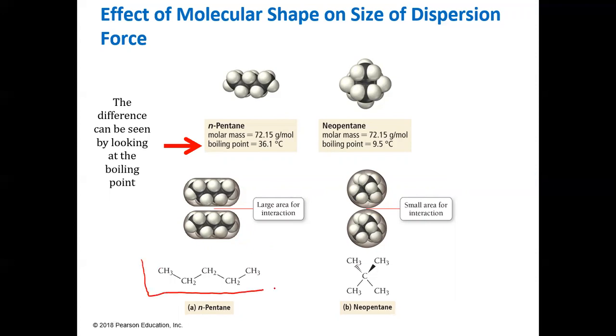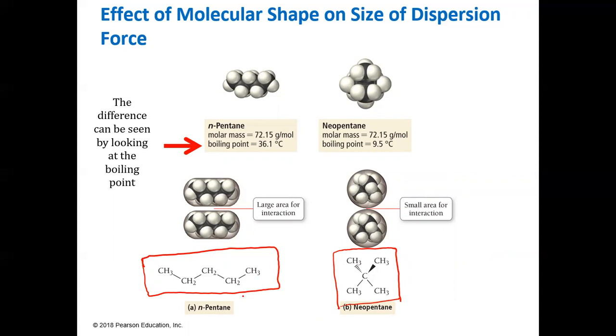They're drawn out for us here. We have pentane, which is in a straight line. Then we have neopentane, which weighs the exact same. It's just arranged differently.